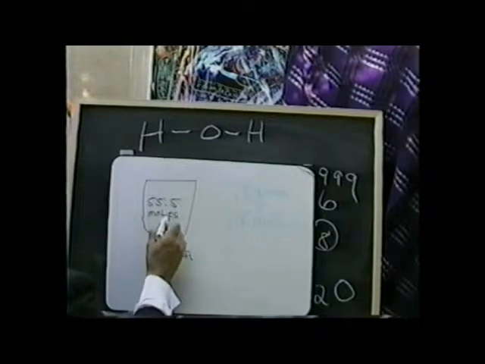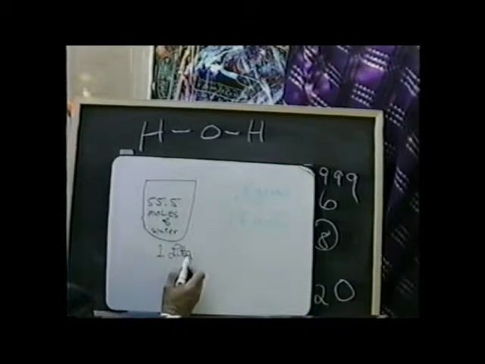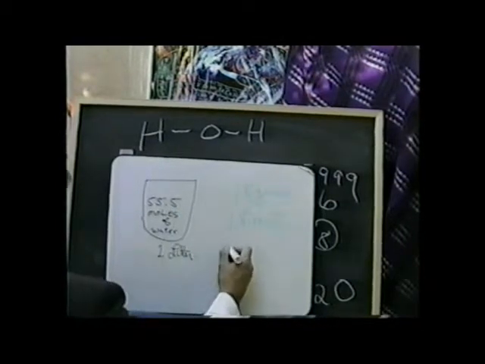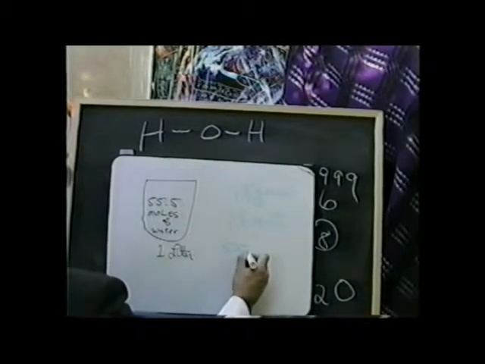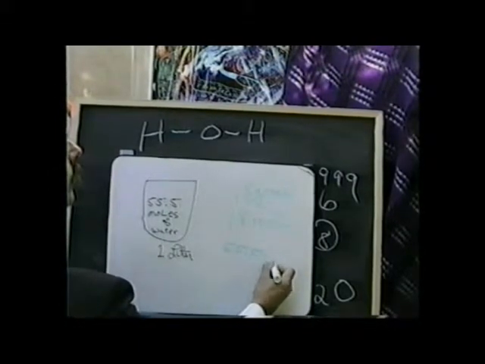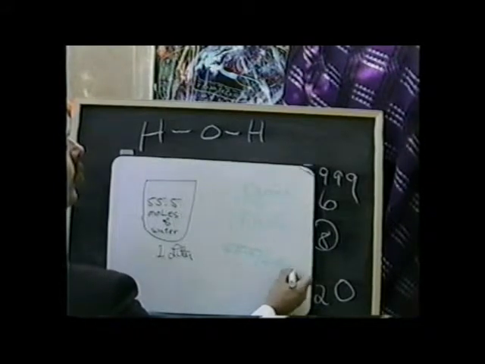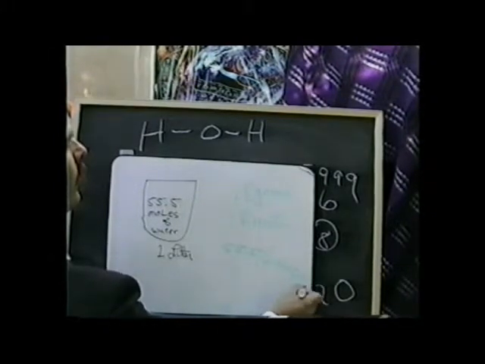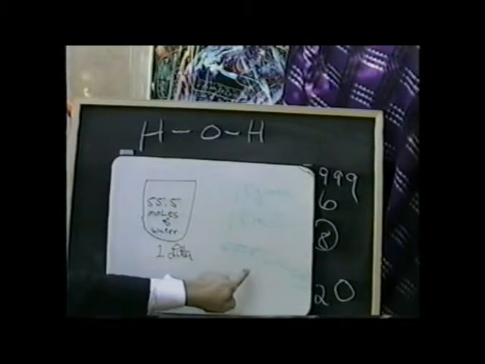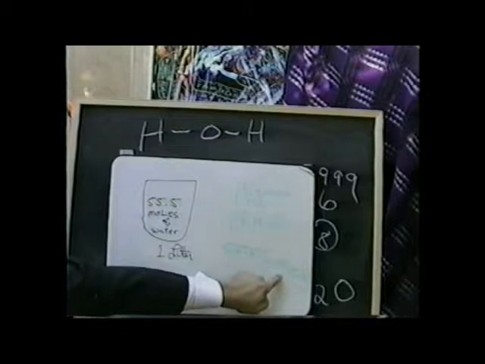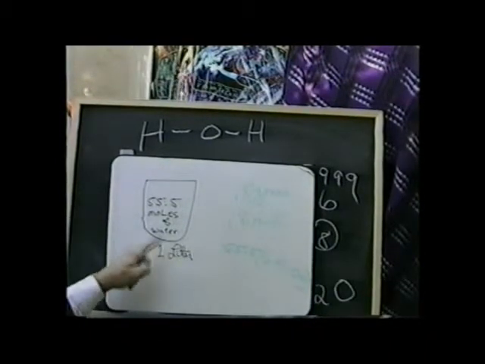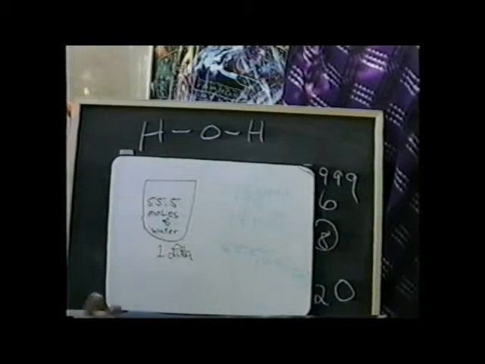So in 55.5 moles of water in 1 liter, we can now determine that 55.5 times 1 mole, Avogadro's number, 6.02 times 10 to the 23rd, is the total number of water molecules. There's 55 times 6 times 10 to the 23rd water molecules in 1 liter of water. This is our reference point.